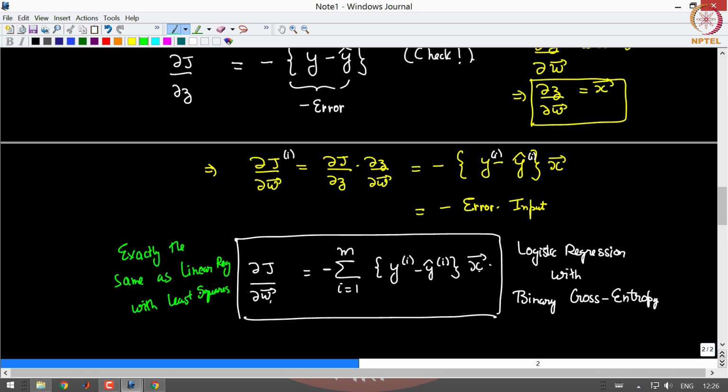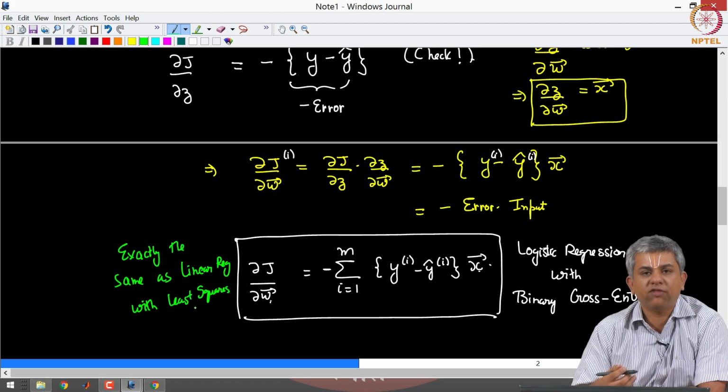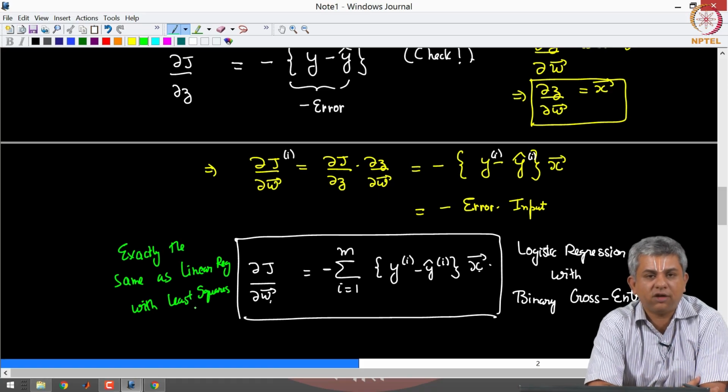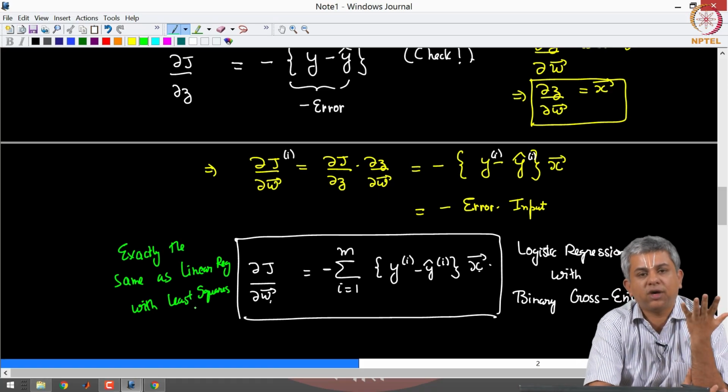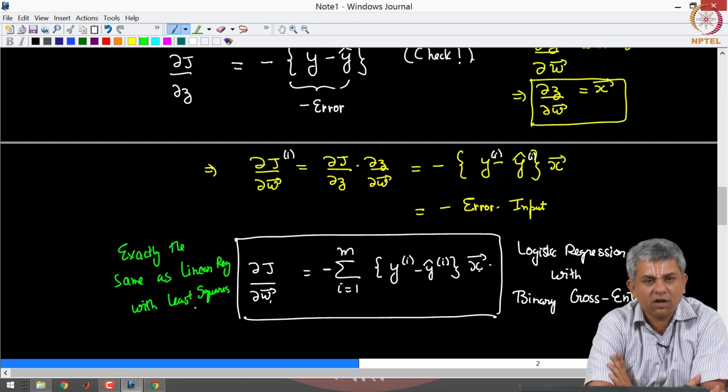So, this is actually remarkable. You get the same expression for the gradient for logistic regression with binary cross entropy as you get with linear regression with least squares. This is true even when you start including regularization. When you include regularization of lambda norm of w squared, as Dr. Ganapathy had shown earlier, that would also add normally within logistic regression.